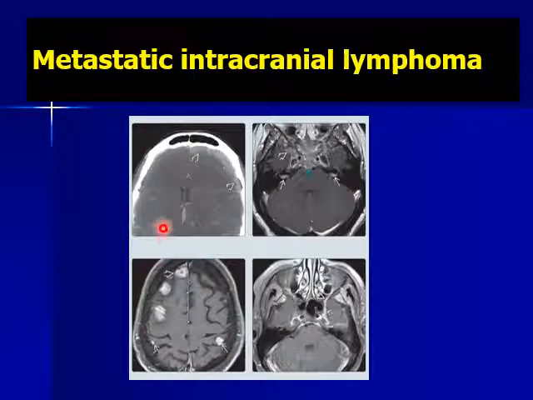It simulates any metastatic disease, but the primary is known to be lymphoma elsewhere in the body, and it behaves like lymphoma, restricted diffusion, initially hyperdense, simulating as if it is hemorrhage, with enhancement, of course, after contrast administration.